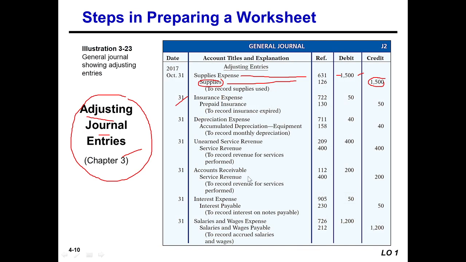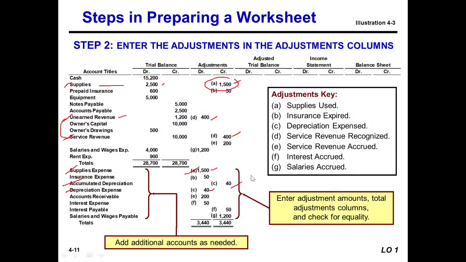Now accounts receivable. Let's look here, accounts receivable and service revenue. So service revenue 200 and accounts receivable.